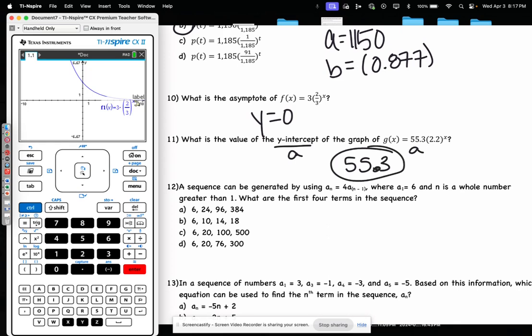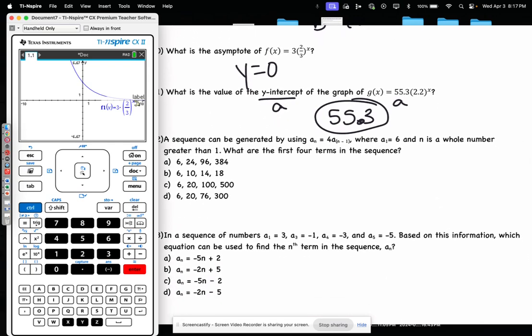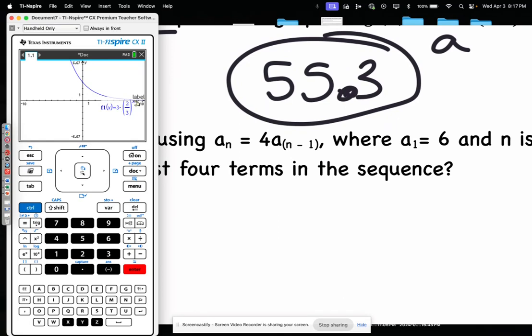We talked about sequences the other day. We said be very careful right here. This little number is your X and the big number is your Y. So I can say 1 and 6. And then we said really the only part of this you need is here. And this is multiplying. So this says multiply by 4.